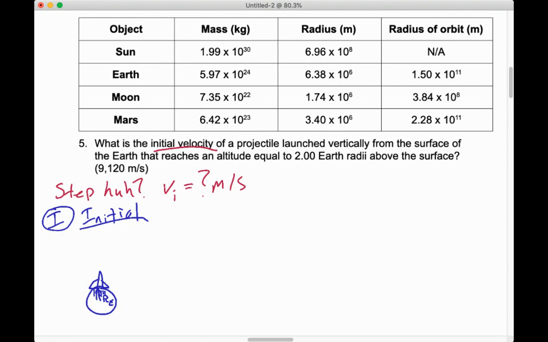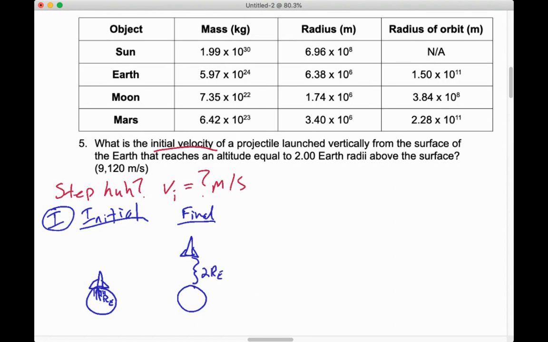And what is our final sketch going to look like? All right, the Earth will still be there. And now this thing has gone all the way up to about, well, it says 2 Earth radii above the surface. So here's our rocket. And this distance here is 2 times the radius of the Earth.